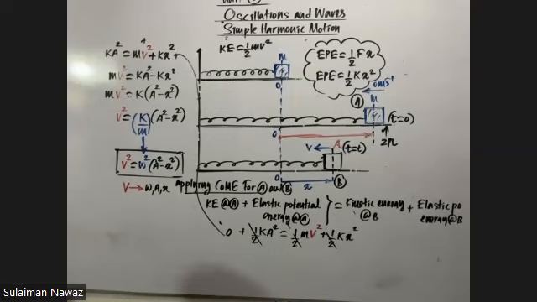Yeah, it's a standard equation. You can directly apply it, so learn that equation by heart: v squared equals omega squared, a squared minus x squared. That's a standard equation.